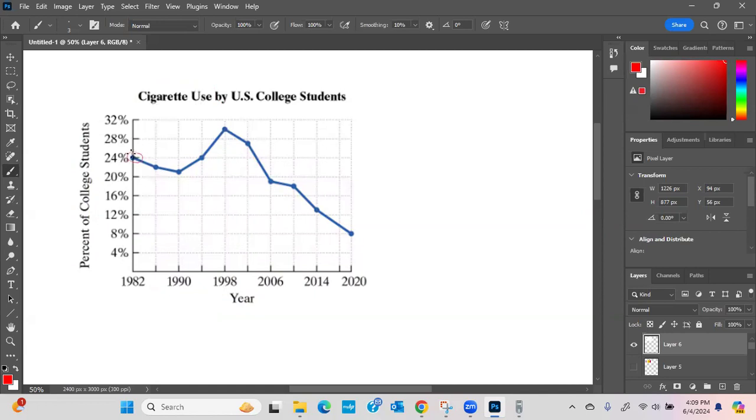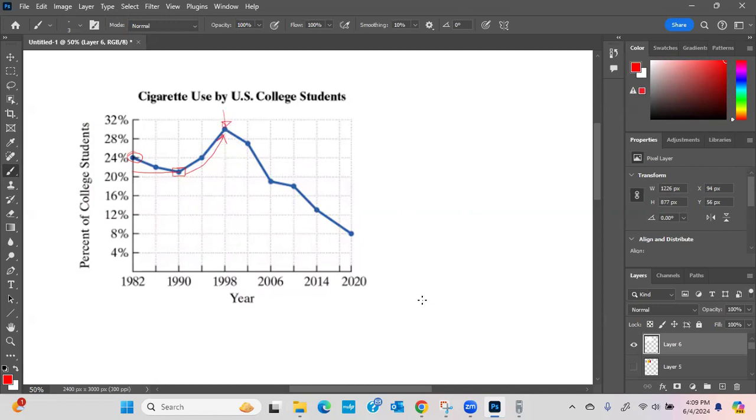Over here, I look at that and it's right by the 24% down to here. Now to read how many percent that is, you just come right over here and it's not on any particular line, but it's somewhere between 20 and 24. And it's closer to 20. So I might say it's 21% in 1990. Now, for some reason, college students started using cigarettes again up to 1998.